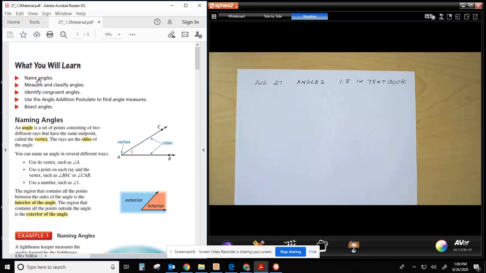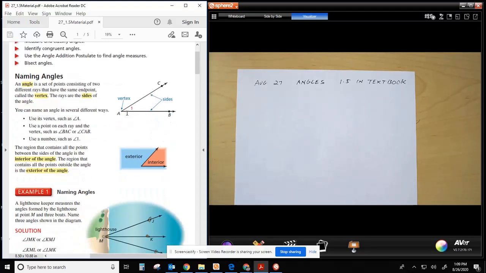On the left here, you can follow my cursor. We're going to name angles, measure and classify them. We're going to think about congruent angles, and then we're going to bisect them for sure. And we'll see how much we do. We're going to do an angle addition postulate to work out some figures, some numbers for angles.